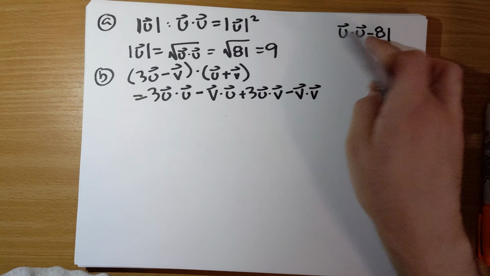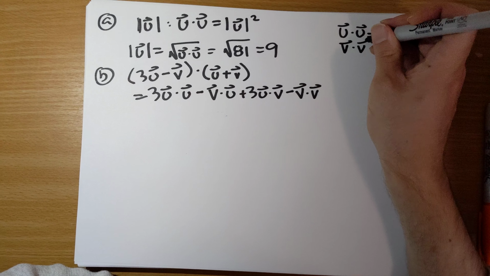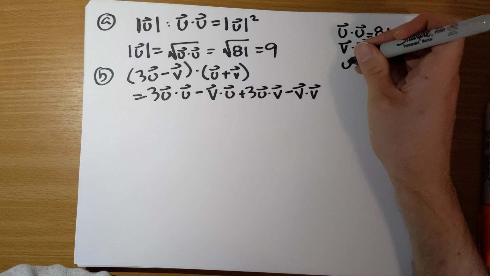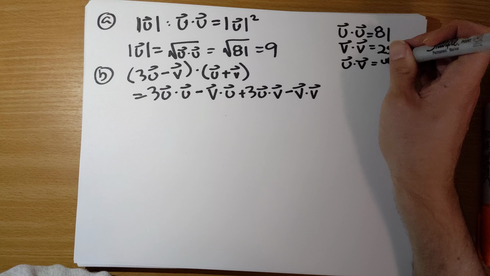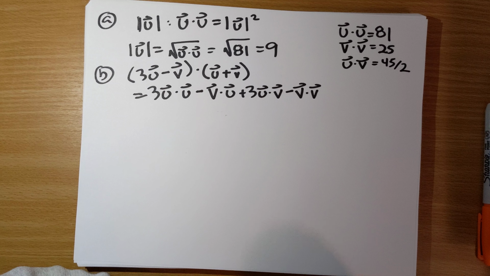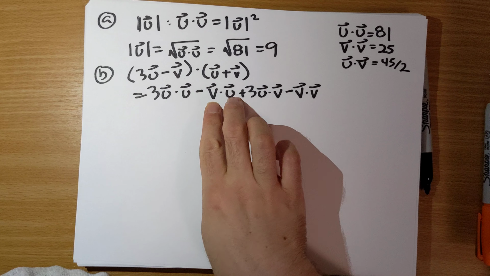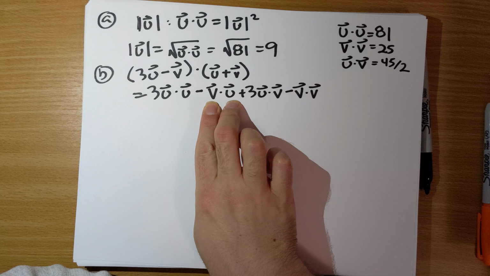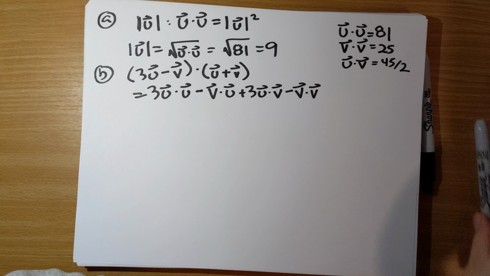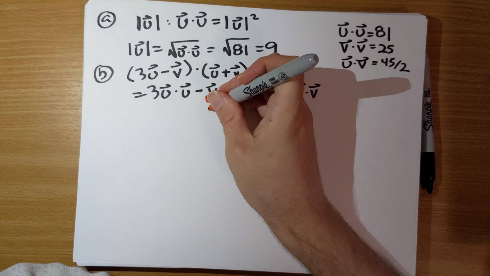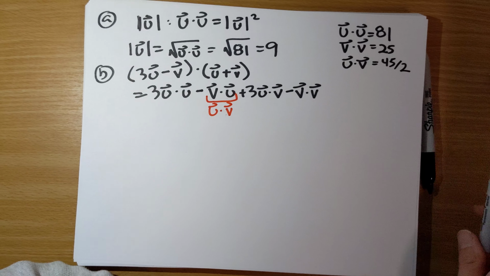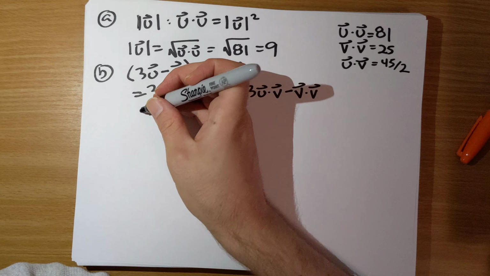So u dot u is here, v dot v is 25, u dot v is 45 over 2. And then dot products are commutative. So v dot u is equal to u dot v.